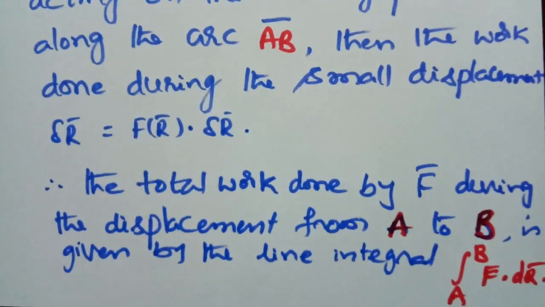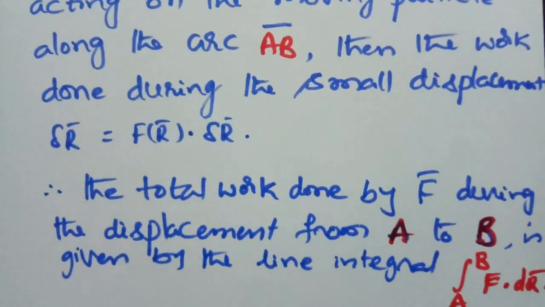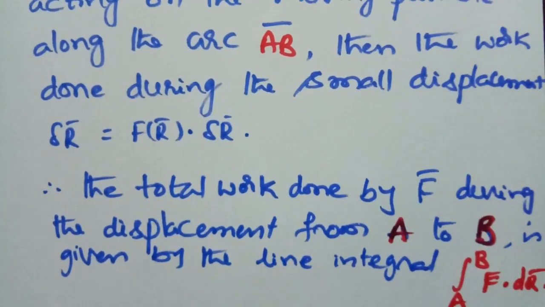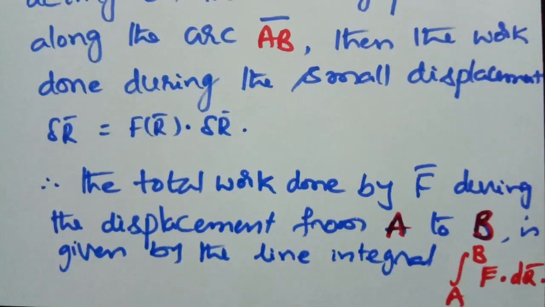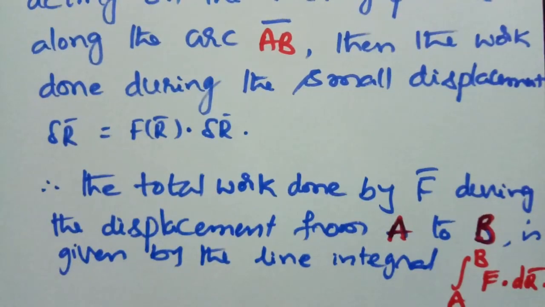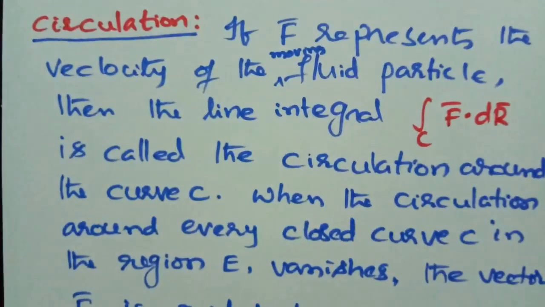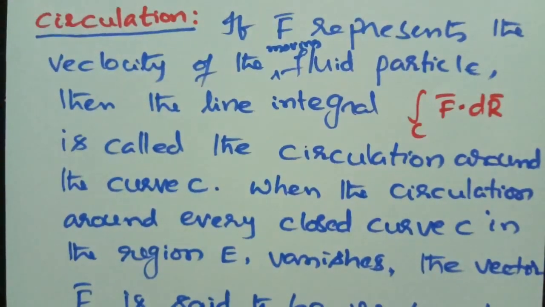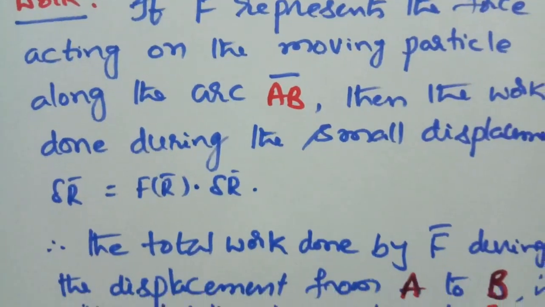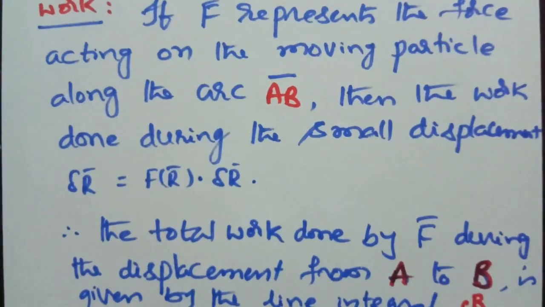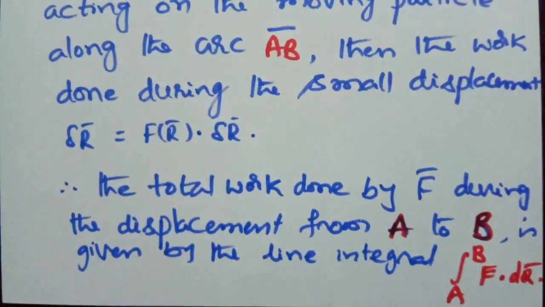So remember that finding the circulation and finding the work done both mean line integration. The terminology changes: circulation is the terminology used for the line integral when F bar is the velocity of a moving fluid particle, and in work done, how much work is done by the force F bar is calculated by the line integral from A to B of F bar dot dr bar.